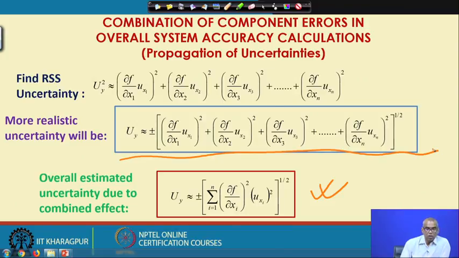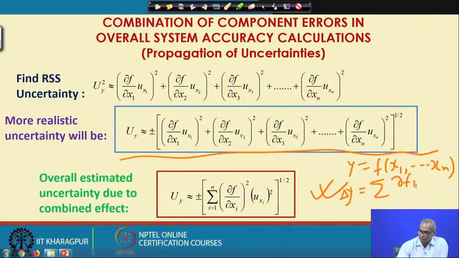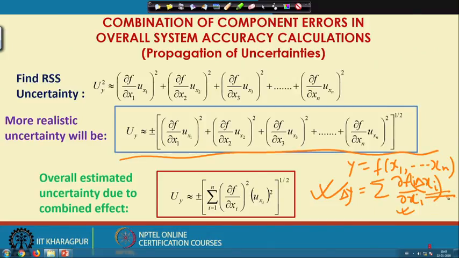So, we started with y is a function of x 1 up to x n, then said using Taylor series expansion we can compute change in y due to change in x 1, x 2, so on and so forth as sigma del f del x I into del x I. Then we considered del f del x I as sensitivity and delta x I as individual uncertainty.